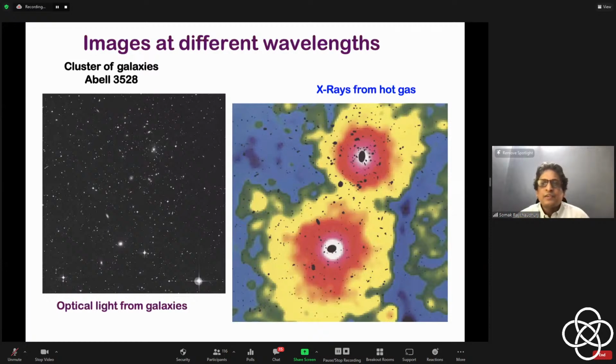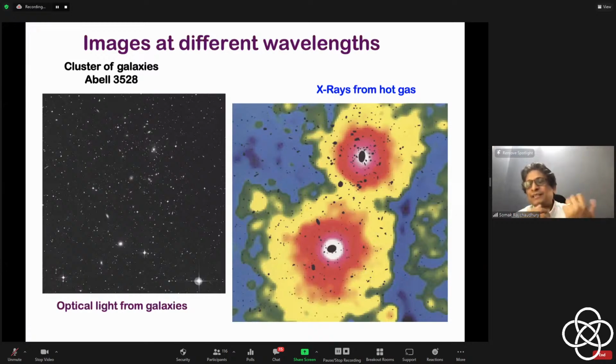Again, you can have a virial theorem-like argument where you say that if there is dark matter holding the cluster together, then all these gas particles are sitting in equilibrium in this big halo of dark matter. If you do the 2T plus V calculation, you will find that the kinetic energy of the gas particles will be very high.